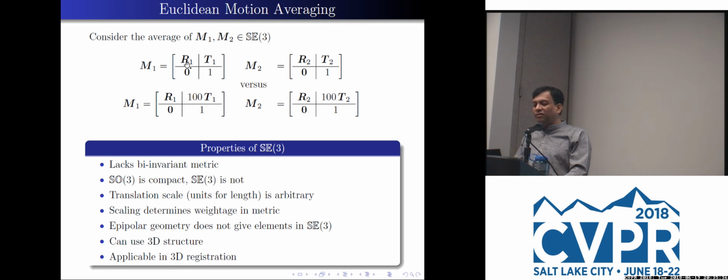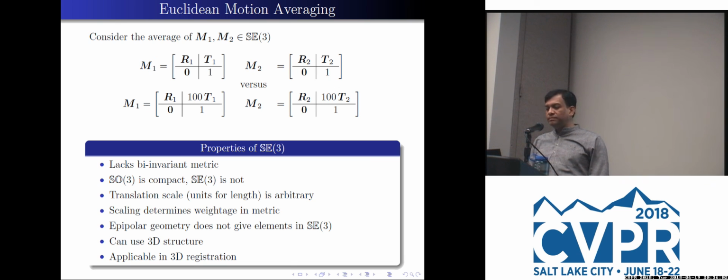On the one hand, you have rotations, which have physical meaning defined in terms of actual angles that are bounded between 0 and 2 pi. Translation is firstly unbounded, but secondly, if you scale things incorrectly, the metric is not very informative.